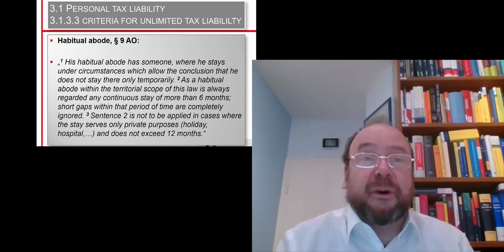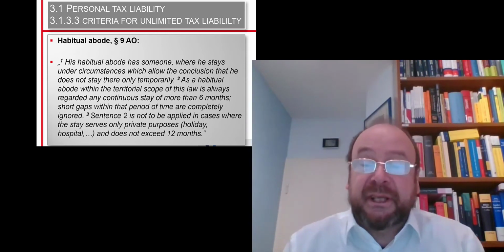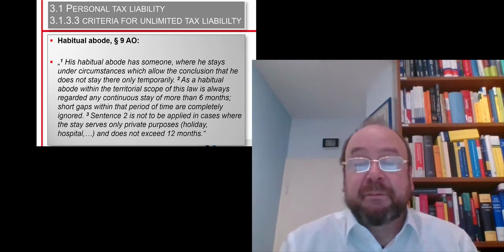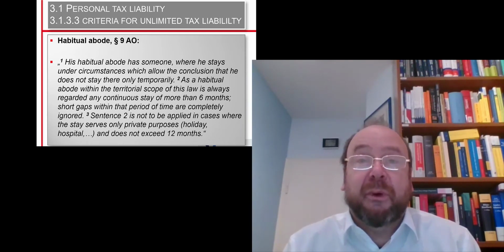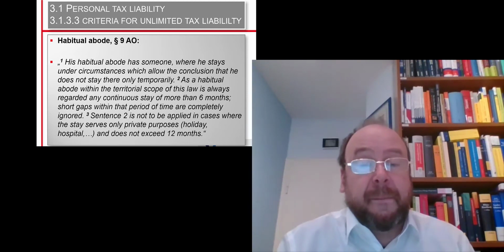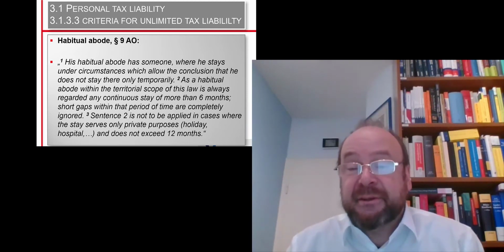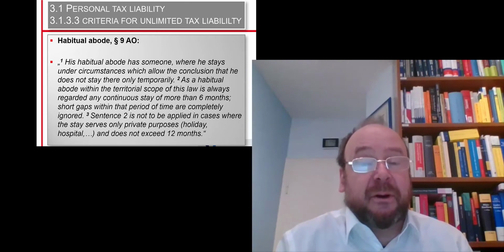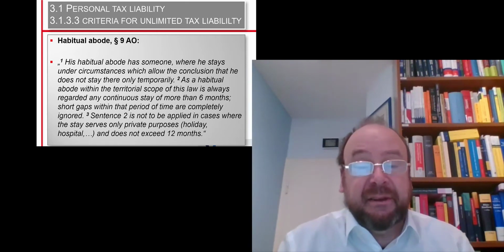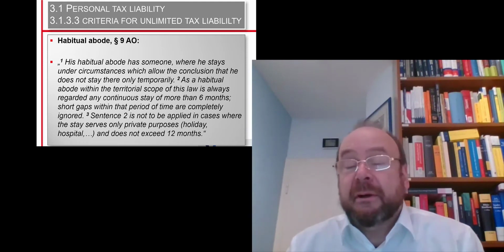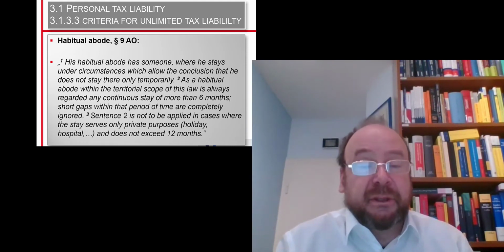So a short break doesn't terminate the 6 months, it's simply ignored. So if one weekend you go abroad on a visit, that does not count, as long as you stay continuously for the same reason in the inland. If you are more than 6 months here, that's a habitual abode.